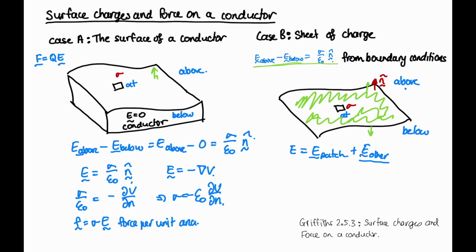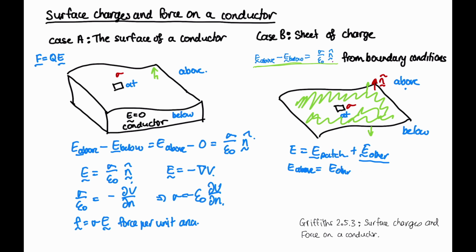So let's write down our expressions for that. We've got E above is equal to E other, because this sheet of charge isn't necessarily the only electric field here. There could also be an additional external electric field. This E other contains any external electric field plus all the electric field from the components of the rest of the sheet, which I've colored in green there.